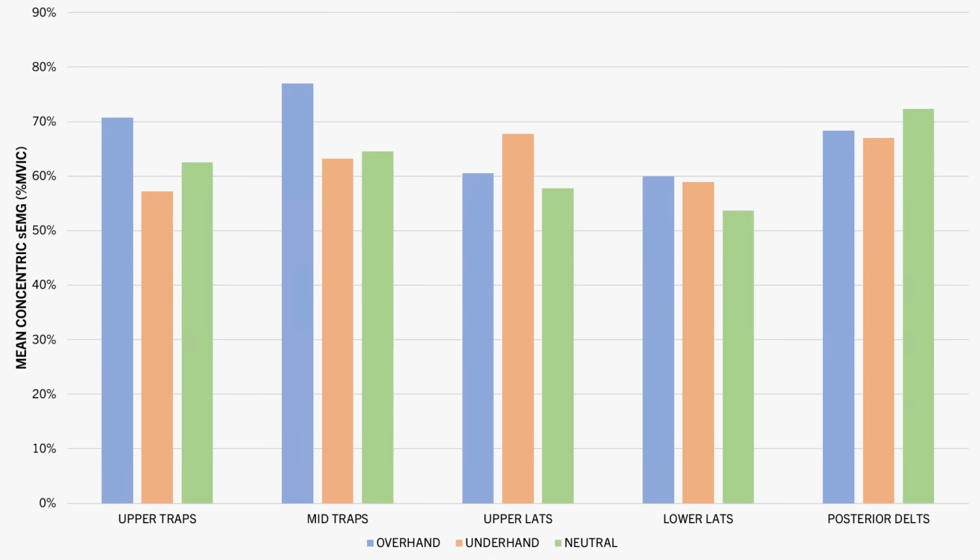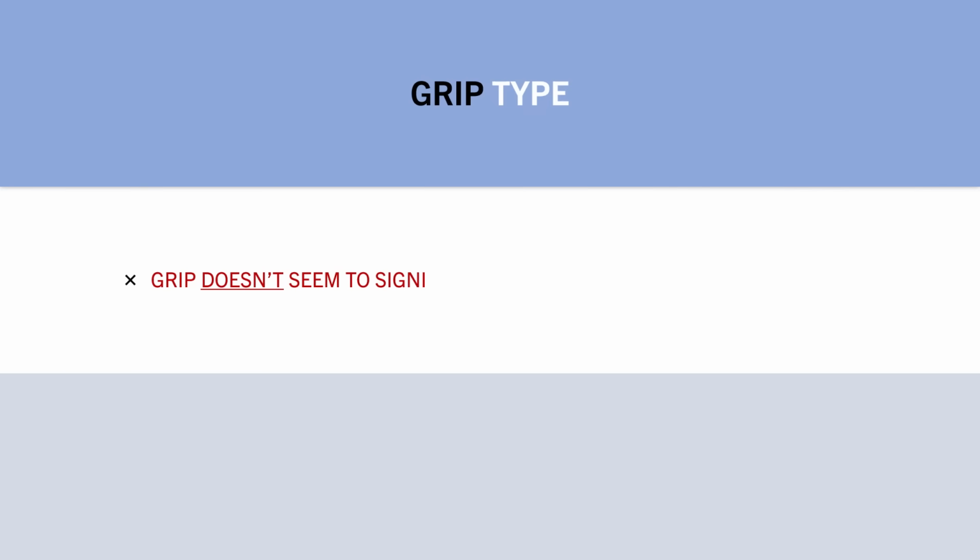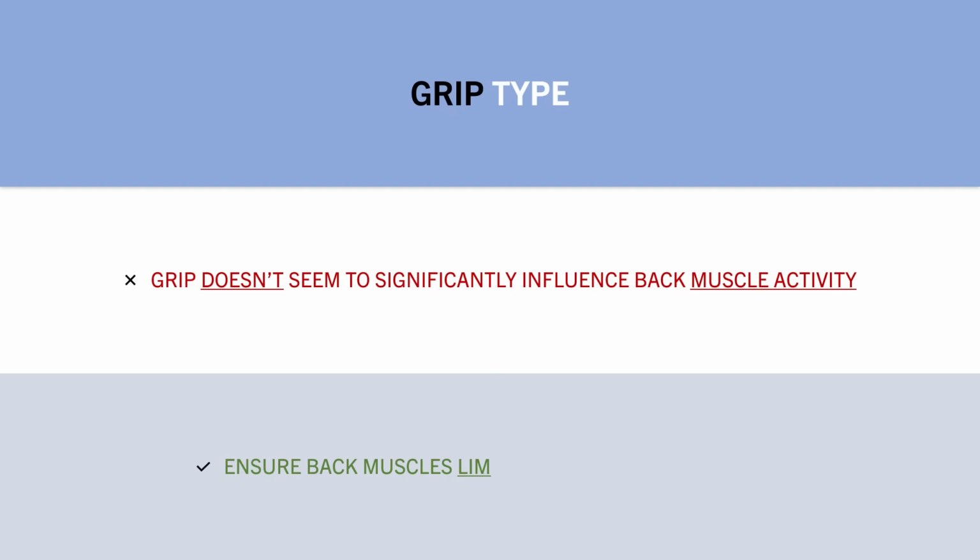Again, it was found that muscle activity of the traps, lats, and rear delts were similar between the different grip positions. So from the evidence we have, there doesn't seem to be a major difference in muscle activity of the back muscles when training with different grips. As long as the back is what limits performance of the set, any grip type is going to be effective for back muscle growth, so it's not something to stress too much about.